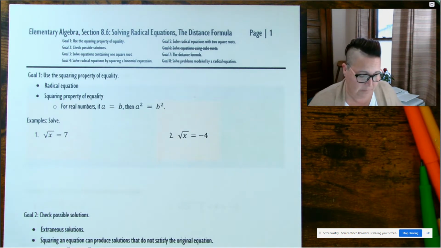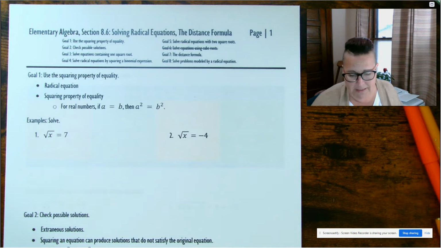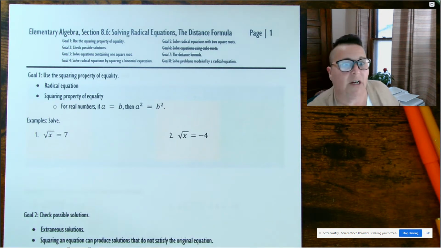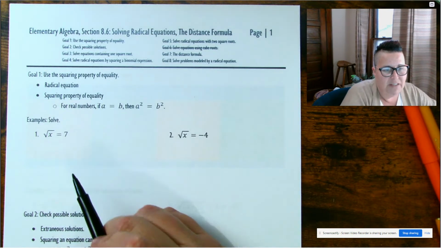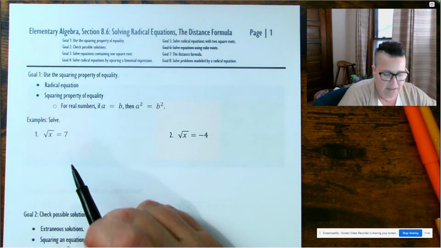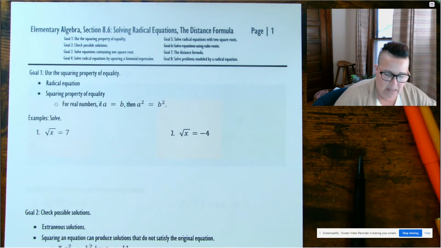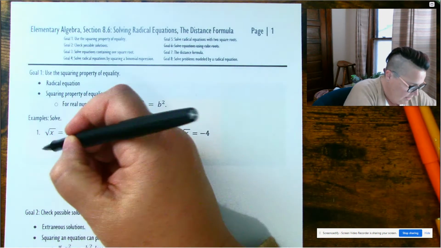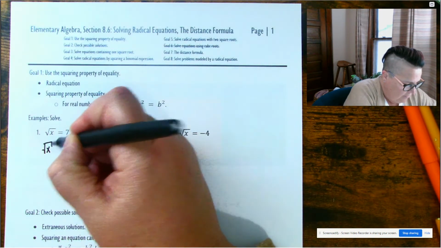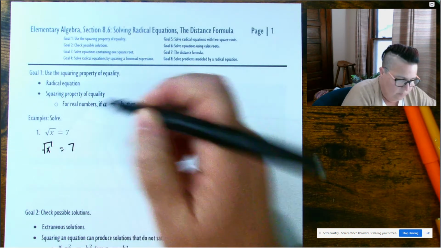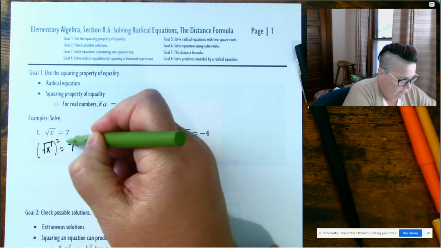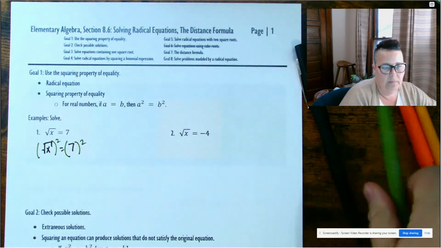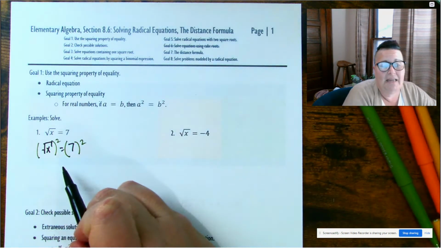All right? So let's take a look at some of these. I've got all kinds of open markers here from all my different colors. All right, here I have the square root of x is equal to 7. And when I look at that, I have something on the left and something on the right. They are equal. So if I square both of them, I maintain the equality.